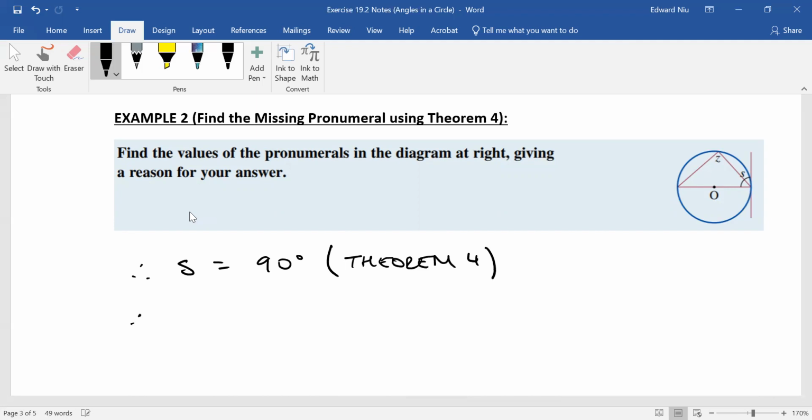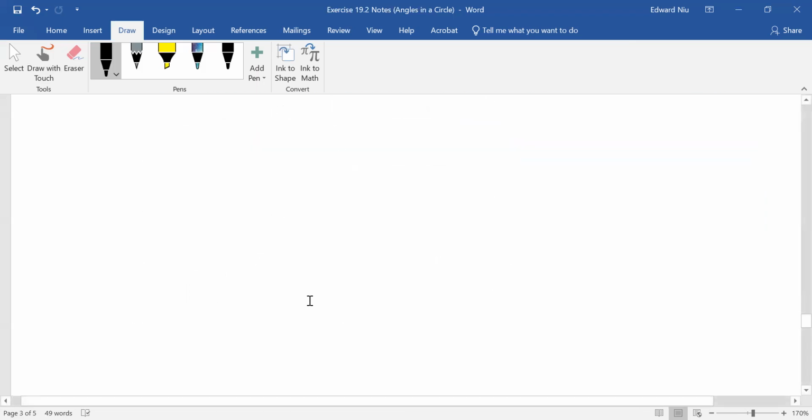And then we've got Z equals 90 degrees as well because of theorem 3, where any angle on the opposite side of the origin, closest to the circumference, is going to be half of the angle at the origin, which is 180 here. So that means Z has to be 90 according to theorem 3.